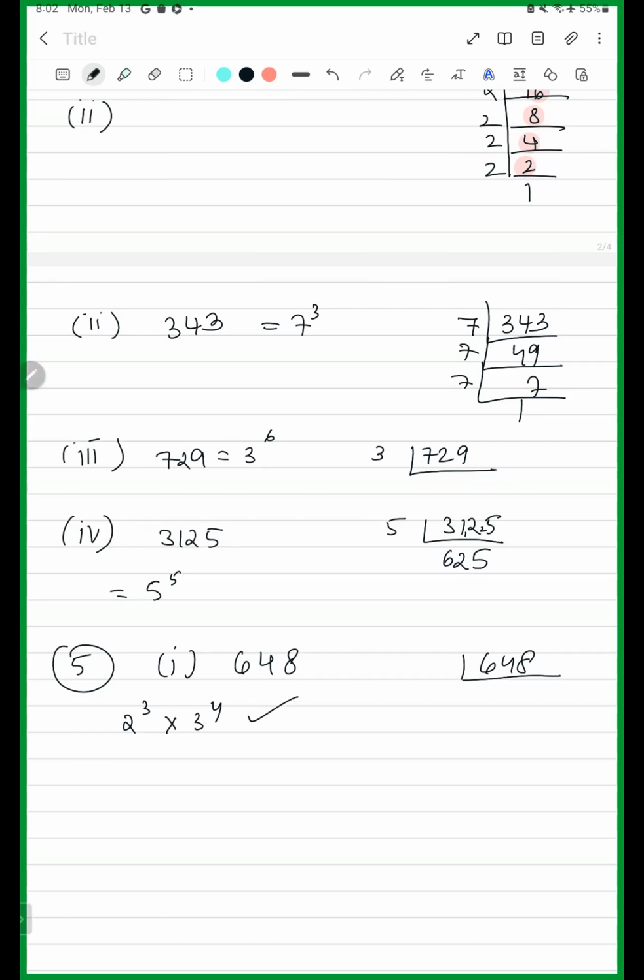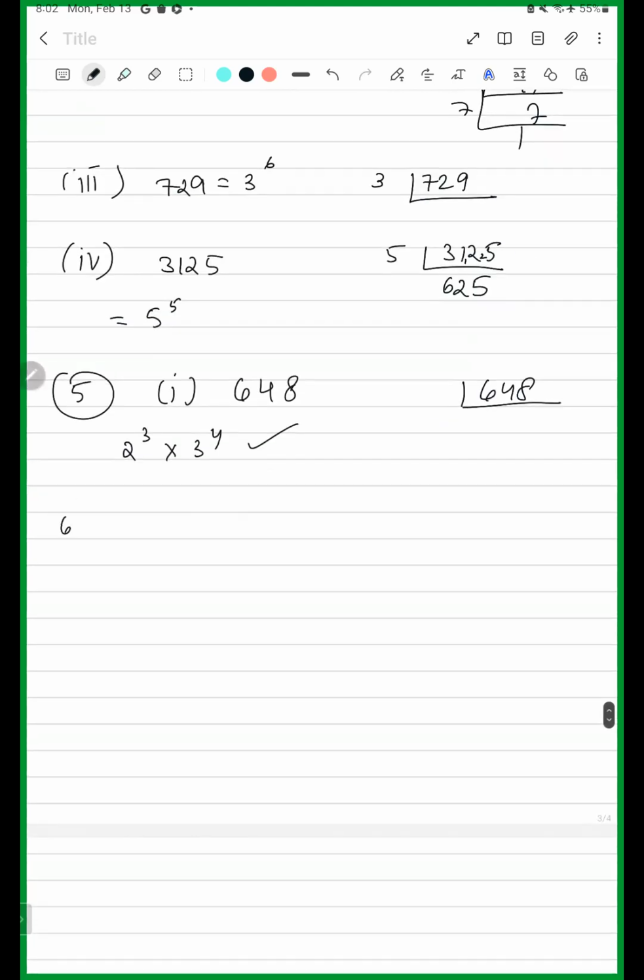All right, so let's move to the next question, the sixth one. Simplify. That means you have to solve this.